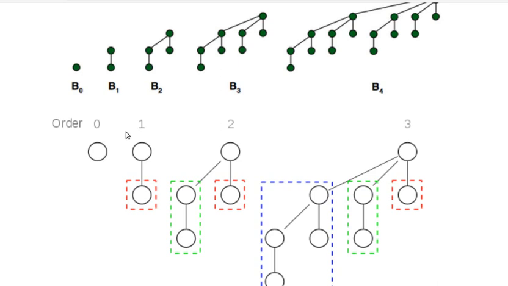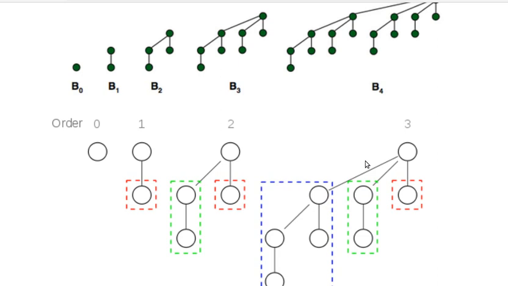For order 1 binomial tree, or B1, it has a root and a child, which is the root of B0. And then B2, it has two children. This is B0, B1.